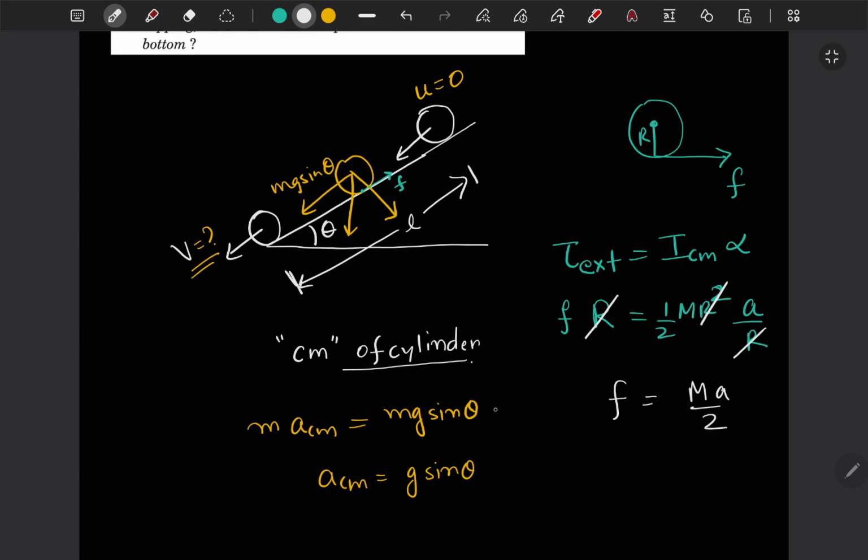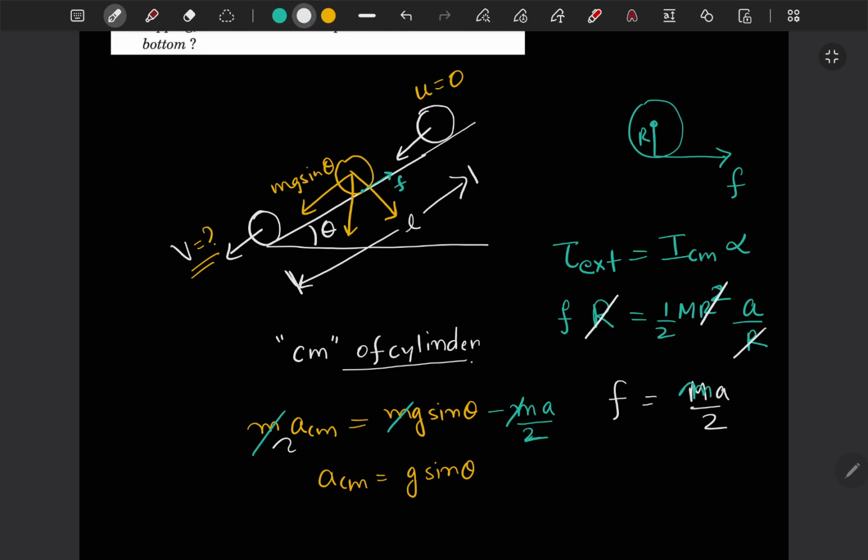So there has to be a force ma by 2 as well, acting in the opposite direction. So mg sine theta minus ma by 2 equals ma. The small m cancels, there is only one object, so there is nothing to be confused about.